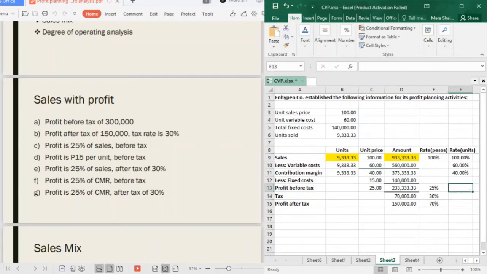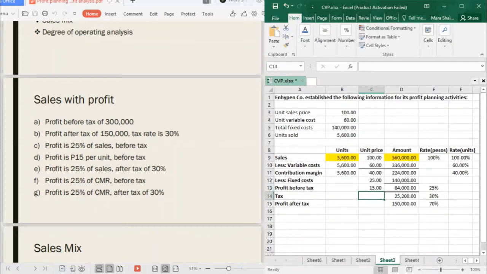Next is, profit is 15 per unit before tax. Again, profit is 15 per unit before tax. So it's the same as what we solved, just different. Instead, the unit profit margin is already given at 15.